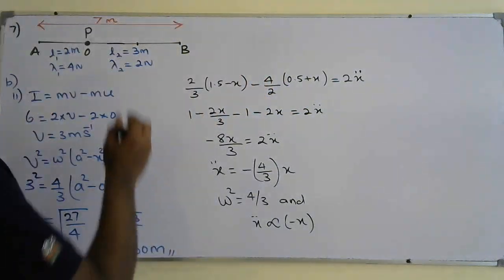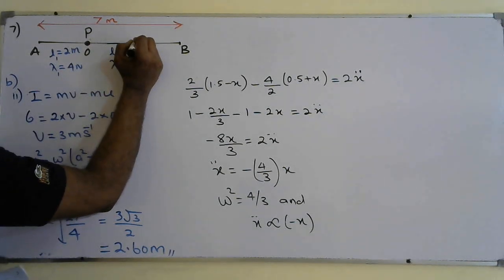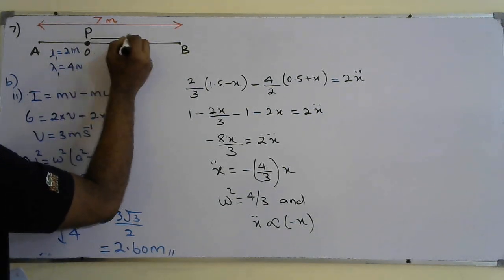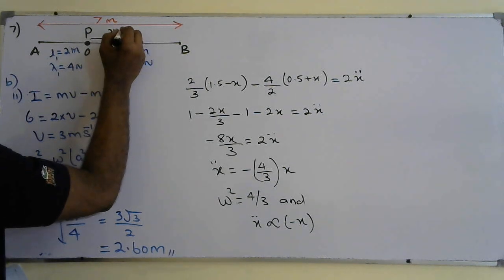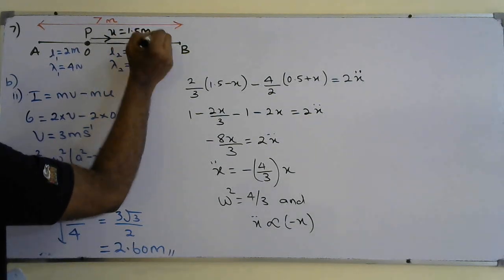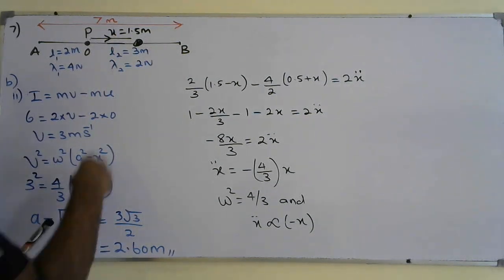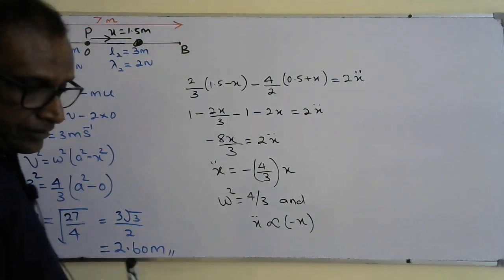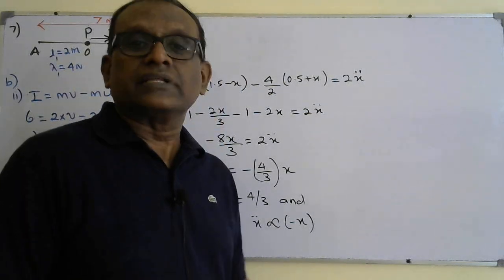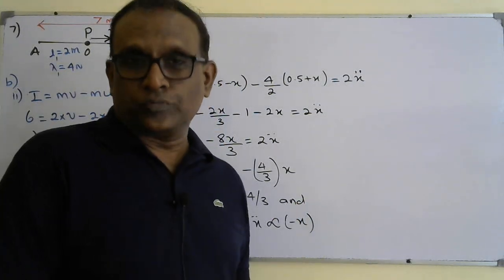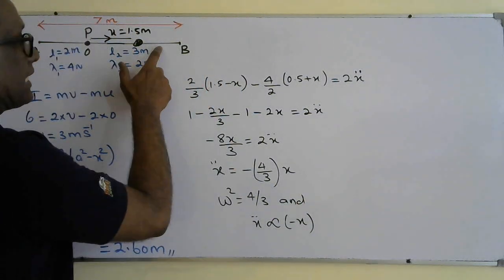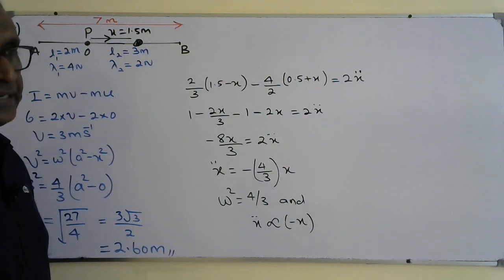So that means the displacement of the particle when the string slacks is equal to 1.5 meters, because the right side string is getting slack, meaning the extension of the right string becomes 0, and we know already that extension is 1.5 meters.